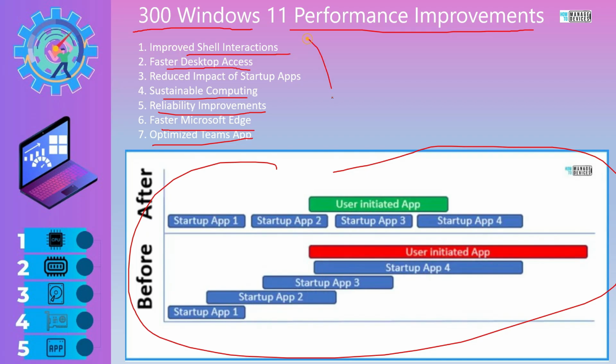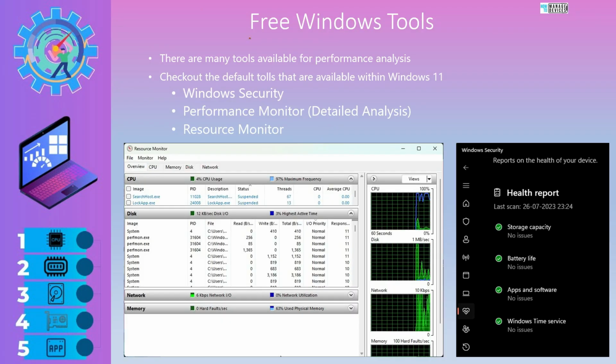These are the key points which Microsoft shared in the 300 Windows 11 performance improvements. I will add the link to the blog post from Microsoft into the description of the video so that you can check this out. Now let's check what are the free tools which we are going to discuss in this video and in the demo.